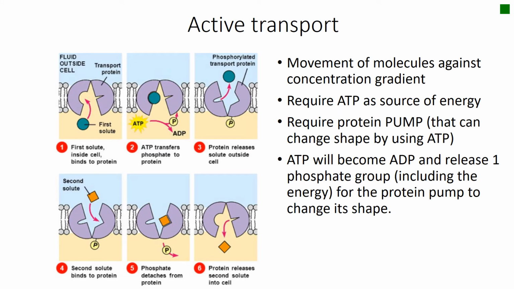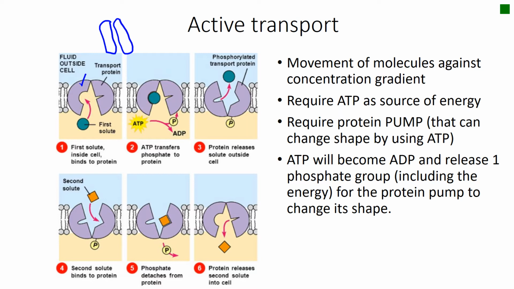Okay, now you're ready to learn about active transport. Unlike facilitated diffusion, where there is a protein channel, here you will meet a protein pump. Can you see the difference between protein pump and protein channel? Look at the whole diagram from number 1 until number 6.